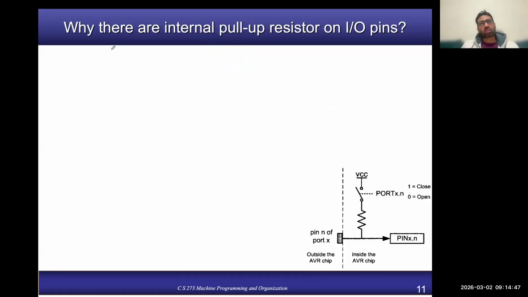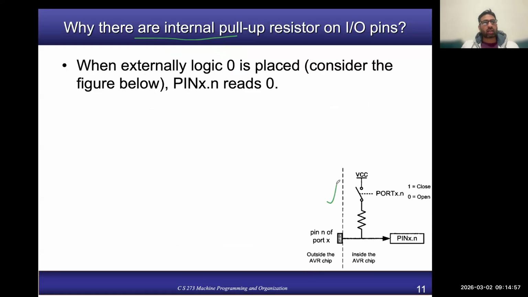Now you can ask why you need these internal pull-up resistors on the IO pins. This is exactly the same figure we saw in the previous slide. To answer that, here is the situation.